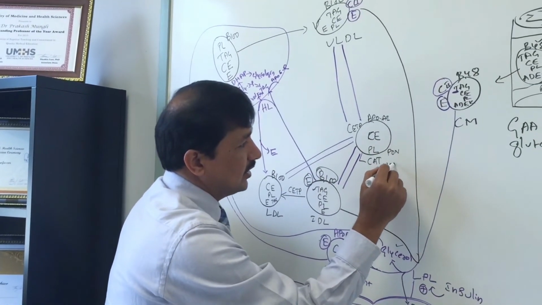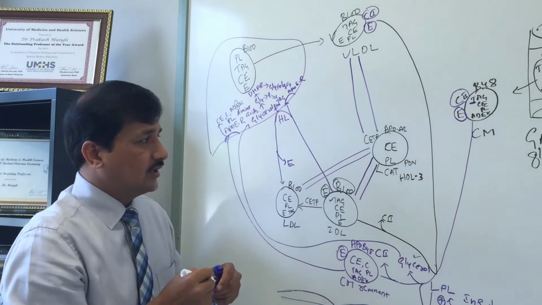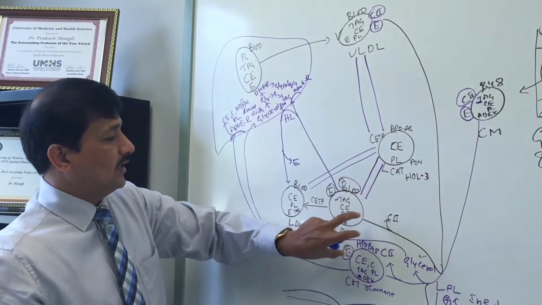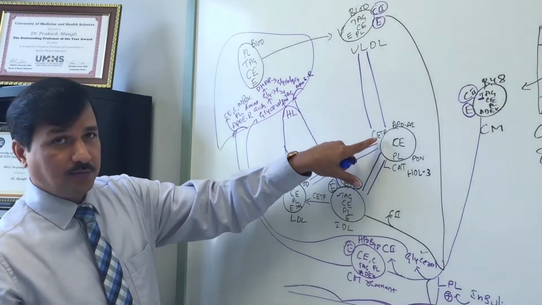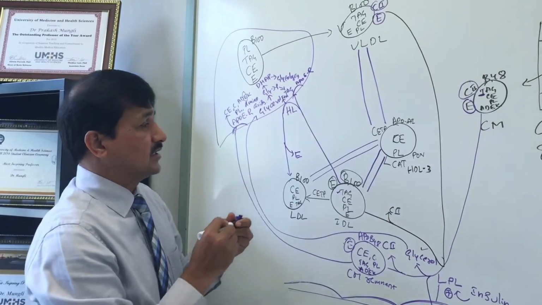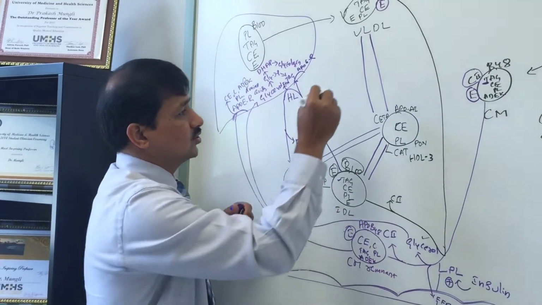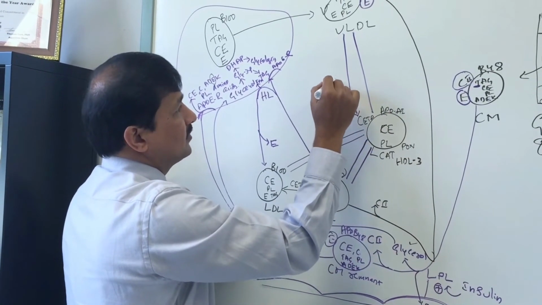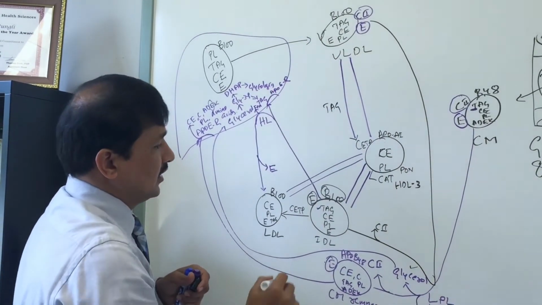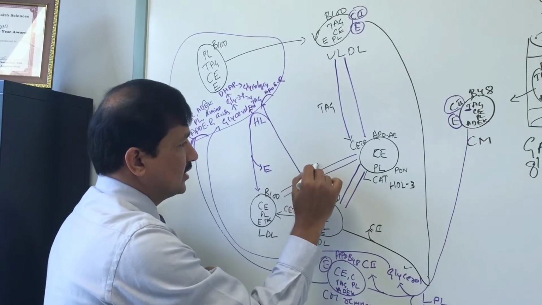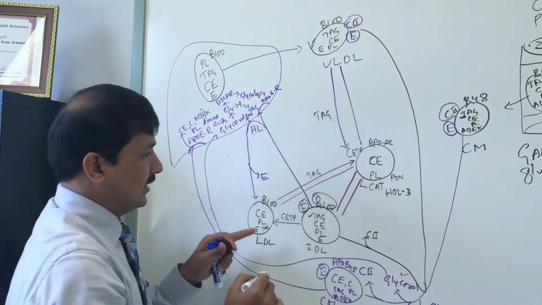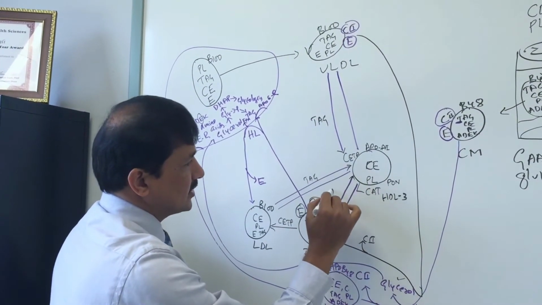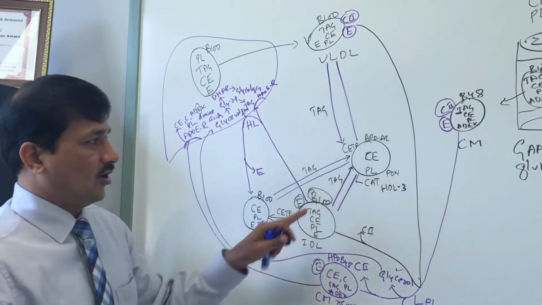HDL3 interacts with VLDL, IDL and LDL via CETP. What does this CETP enzyme do? CETP enzyme is going to take triacylglycerol from VLDL, from LDL, and from IDL, all three of them.